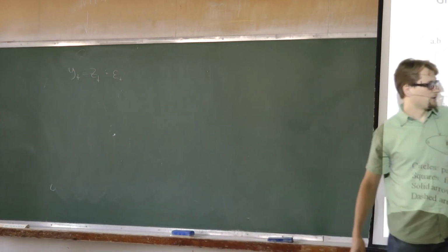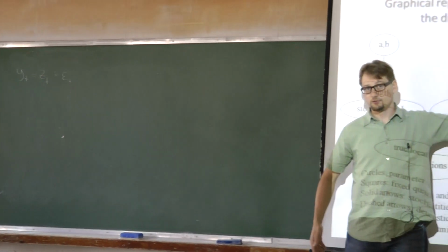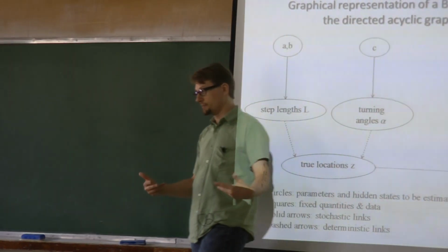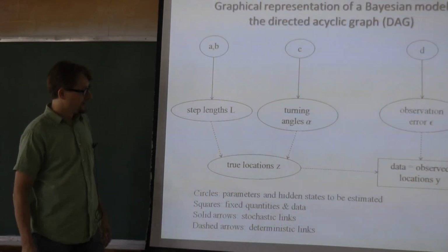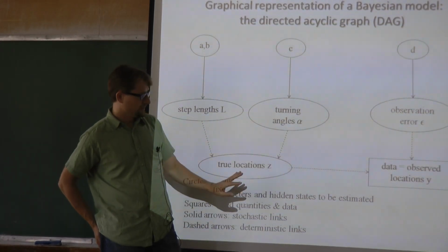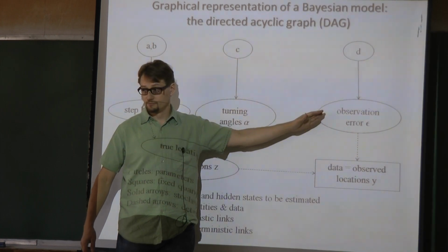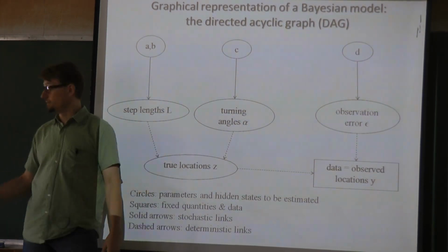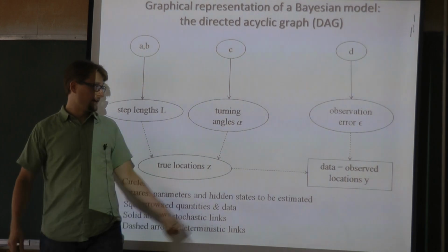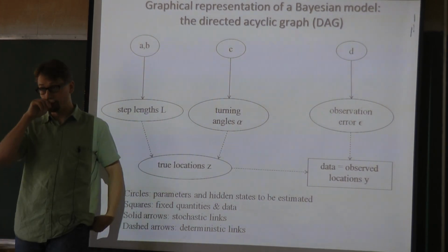So in this circle we have the observation error. This is again a vector or list of all observation errors, for all locations. So you see that the data depends in a deterministic way on the true locations and the observation errors. If you know these 2, you can simply sum them up, and then you get the data. That's why we have dashed arrows again.